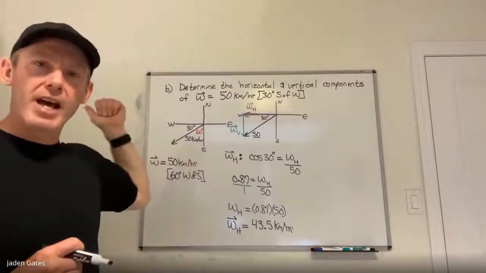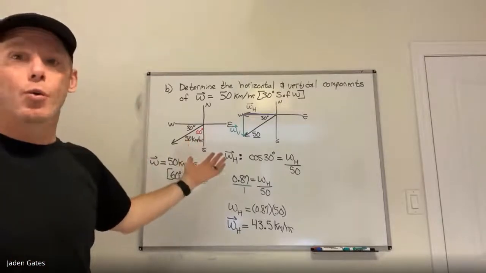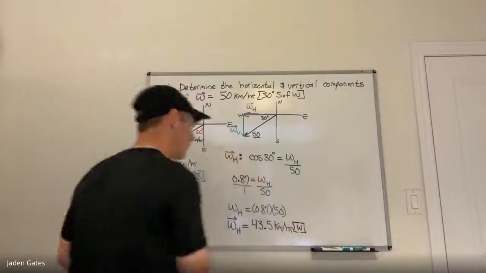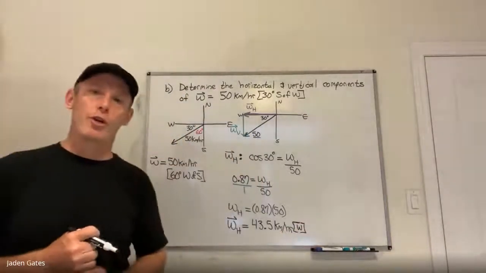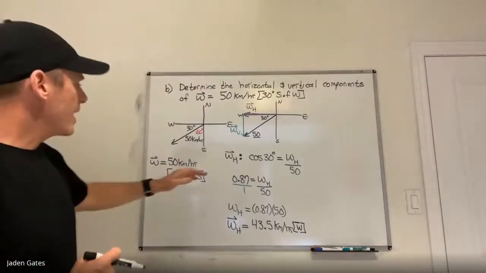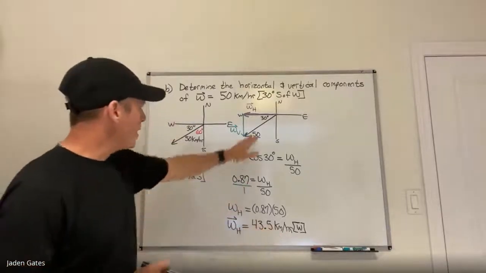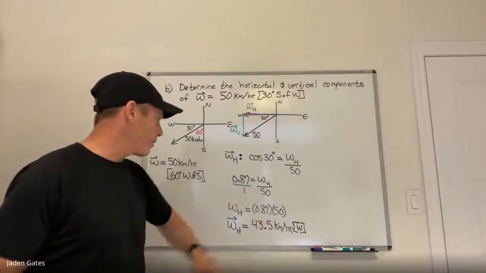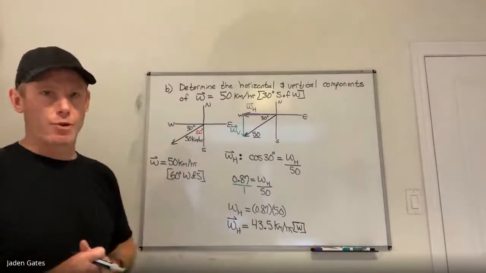That purple arrow is headed left, which refers to west. And that is the horizontal component of vector W. What I'm looking at is how much my original vector moves horizontally. It moves 43.5 kilometers an hour westward.